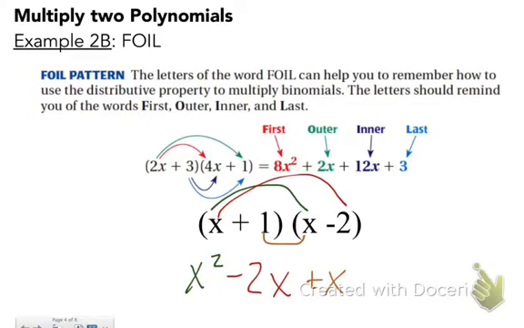And then last is 1 times negative 2, and that would be minus 2. So then again, just like the last one, we combine like terms, and we end up with x squared minus x minus 2. So FOIL will absolutely work, but just be aware that it only works when we have two binomials, so two polynomials that have exactly two terms in them.